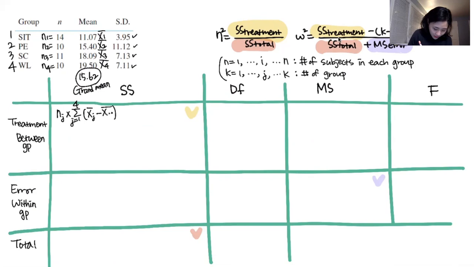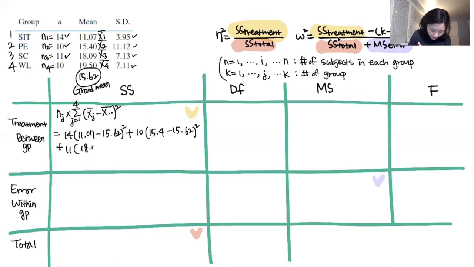minus the grand mean, squared. So the first group has 14 times (11.07 minus 15.62) squared, plus the second group, with 10 subjects, 10 times (15.4 minus 15.62) squared, plus 11 times (18.09 minus the grand mean) squared, and so on.